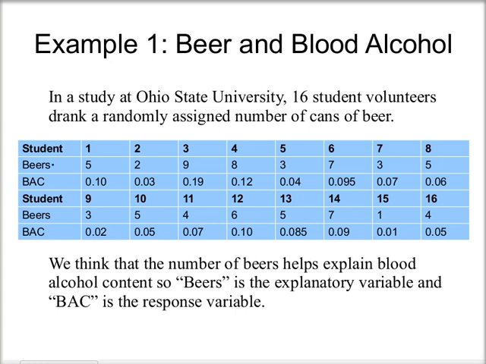We've got the number of beers that the student drank, and then their blood alcohol content. And we would expect that the number of beers the student drinks explains their blood alcohol content. So the more beers the student drinks, the higher we would expect their blood alcohol content to be. So beers would be the explanatory variable here, and blood alcohol content, or BAC, is the response variable.